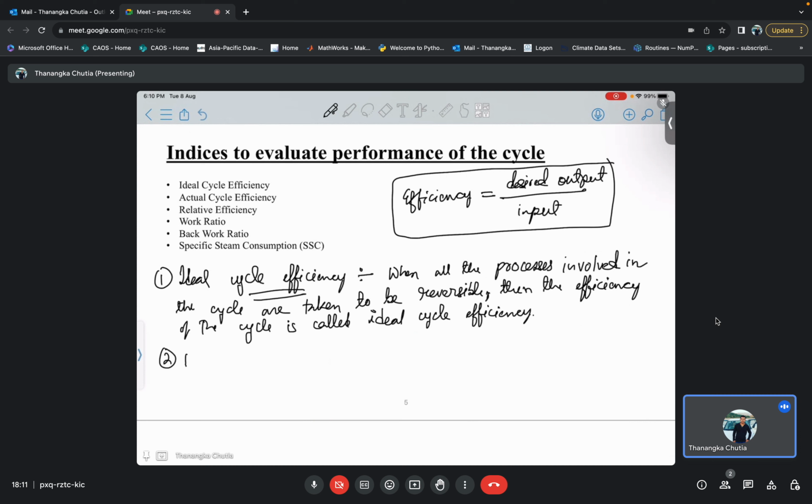The second thing is your actual cycle efficiency.